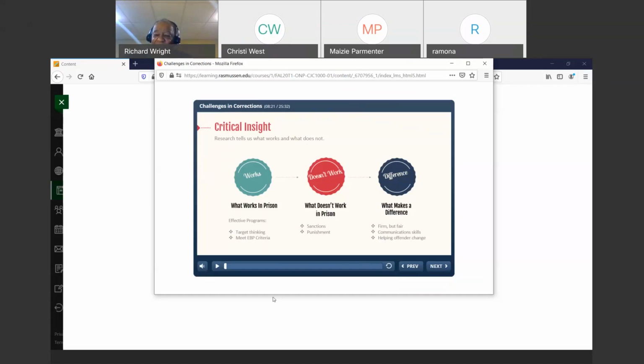And you have to be fair across the board. You don't show favoritism, because when you get to that point, it's not going to be successful. You have to have good communication skills. That's one of the things that's very important. We talked about that early on as one of our transferable skills, being able to reach the individuals. And then finally, the last one, we've been talking about that, helping that individual to change.